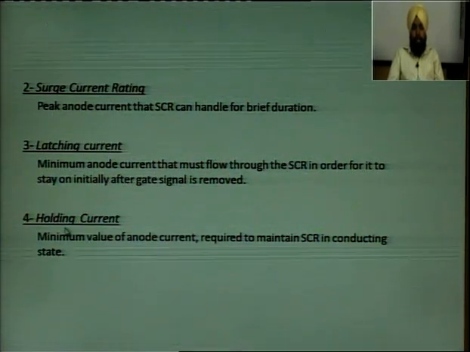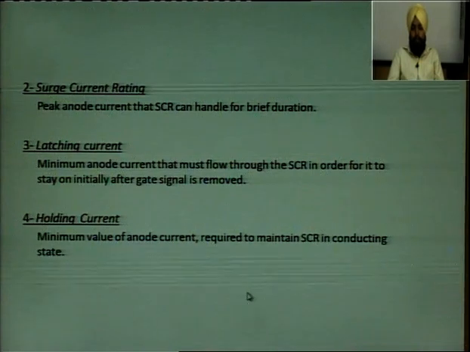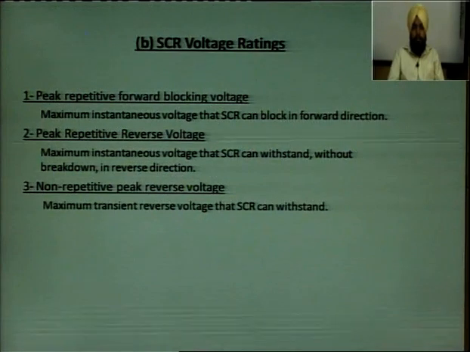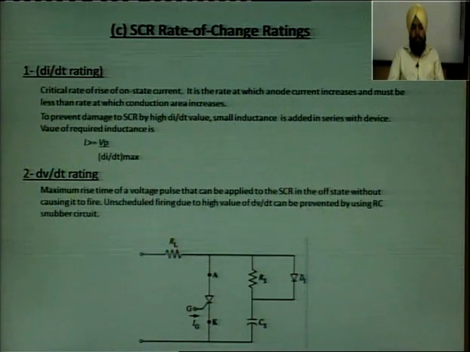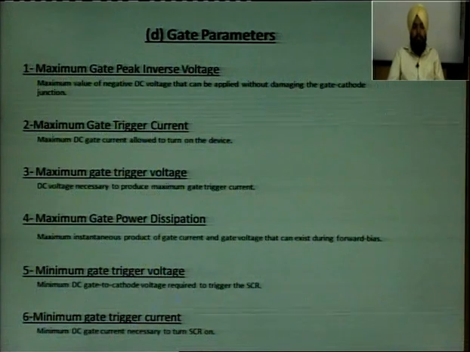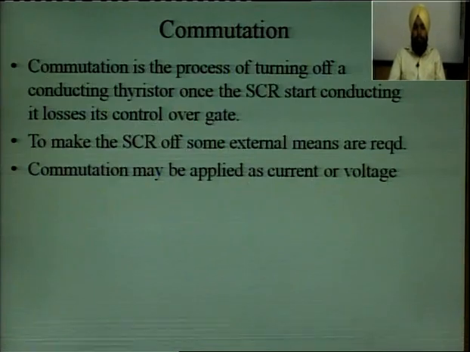And holding current is the minimum value of anode current required to maintain the SCR in conducting state. Then peak repetitive forward blocking voltage, SCR voltage rating, peak repetitive reverse voltage, non-repetitive peak reverse voltage, di/dt ratings, dv/dt ratings. So, these are gate parameters.